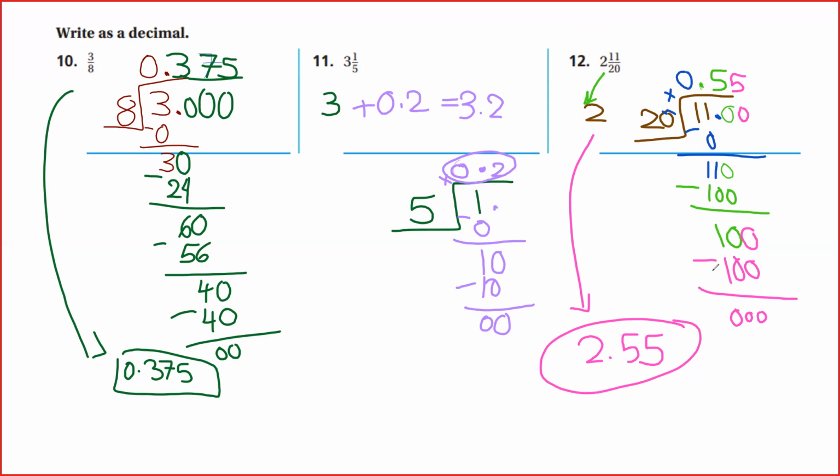Yeah, or you can say that you can add. Okay, it's what they mean by mixed number. Mixed number means 2 plus 11 over 20. So it means 2 plus 0.55, which is 2.55.